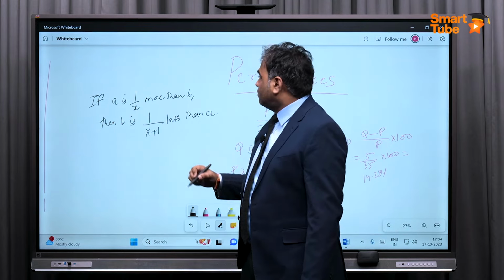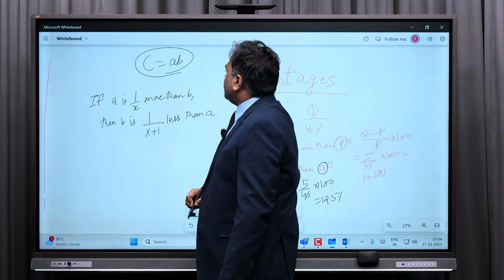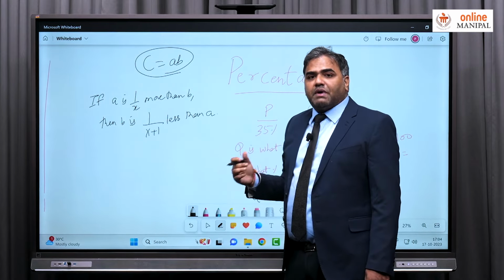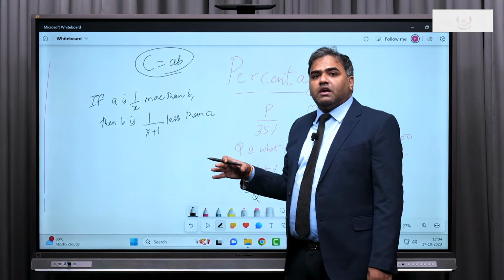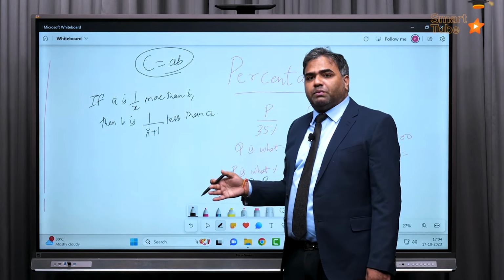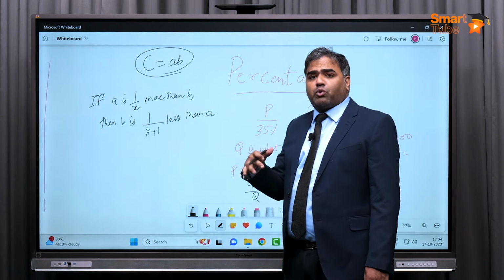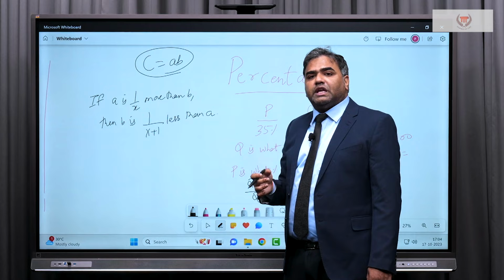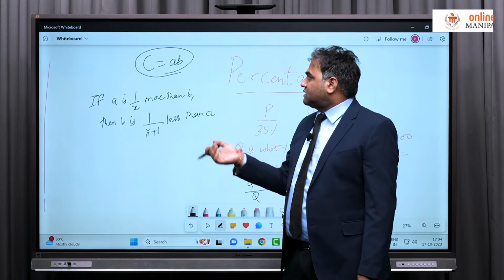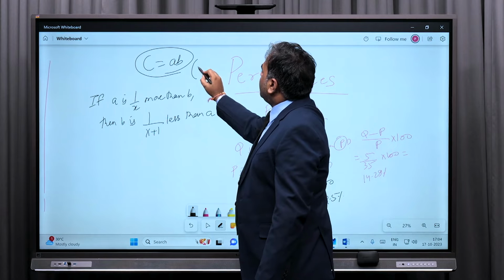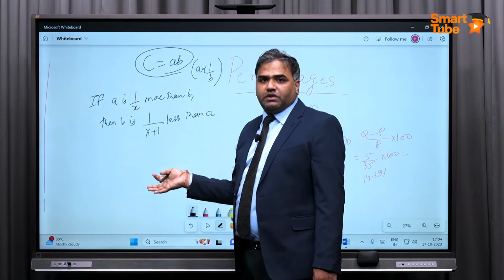This logic will work in all of mathematics where C is equal to A into B. If C is equal to A into B, distance is equal to speed into time, area is equal to length into breadth, expenditure is equal to price into consumption. In any property where one variable is the product of two other variables, if that variable C is constant, and A is inversely proportional to B, then this logic will always work.